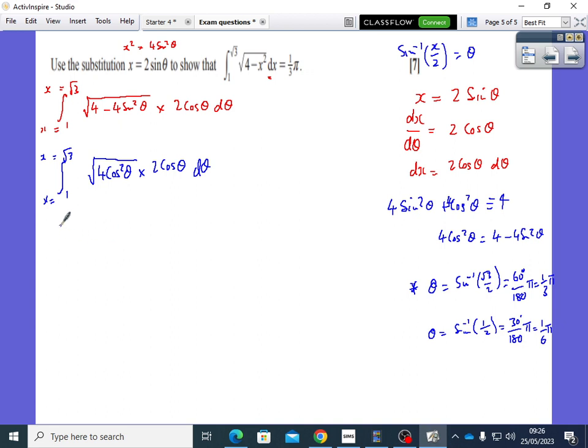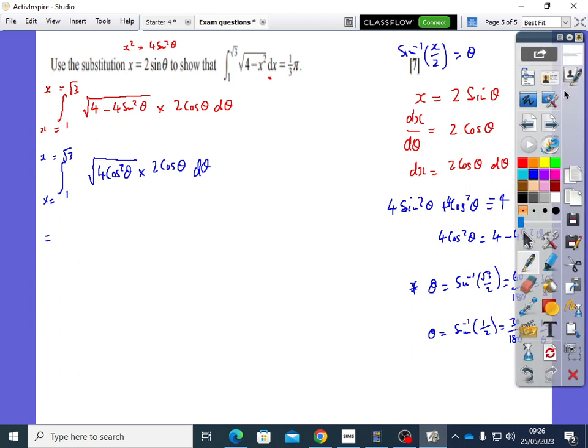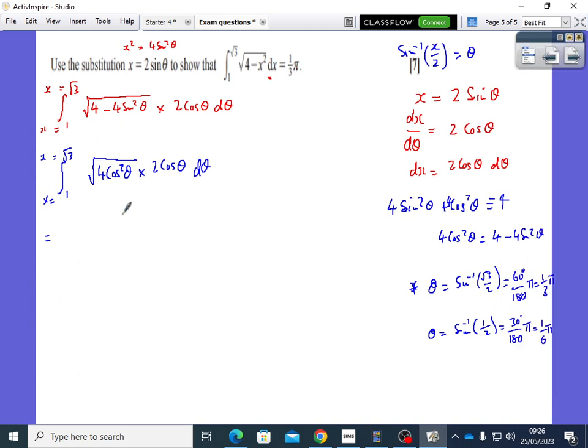So now my next step, just because I want to save some space, actually I'll do this in red now. So this root 3 will be replaced by 1/3 pi, and this 1 will be replaced by 1/6 pi.